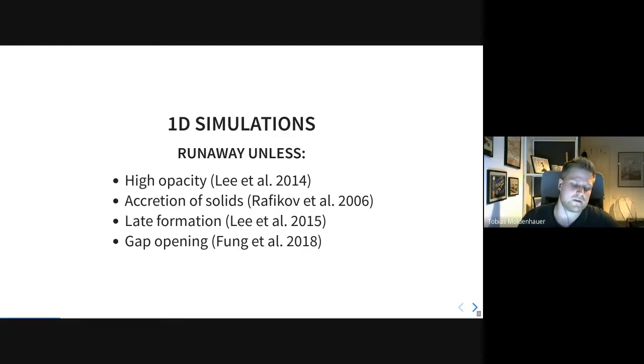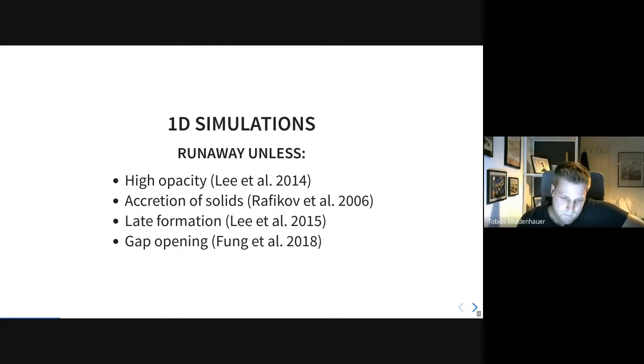Now the problem here is that for each of those 4 points, you can easily make an argument that that's probably not the case. For high opacity, for example, you need dust, but dust will evaporate at the higher temperatures you find in a contracting protoplanetary atmosphere. And for the accretion of solids, you have to assume an accretion rate and so on.